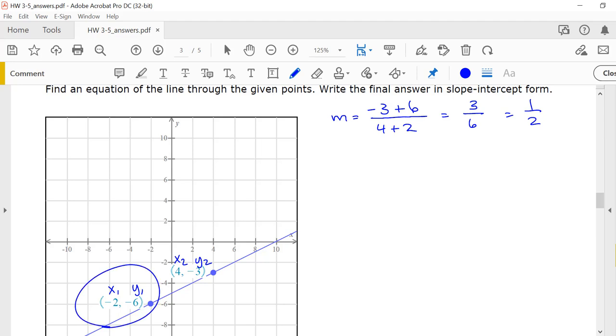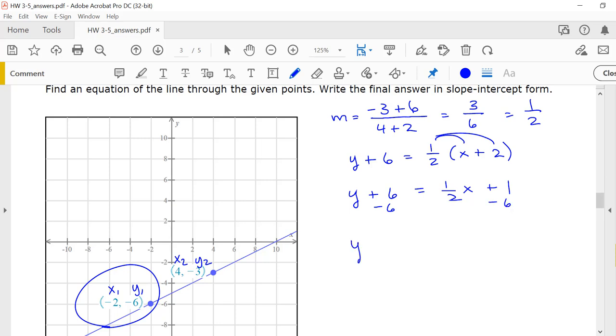Using this point, I have y minus negative 6 equals 1/2 times x minus negative 2. Distributing the 1/2, y plus 6 equals 1/2 x plus 1. Subtracting 6 from both sides, y equals 1/2 x minus 5.